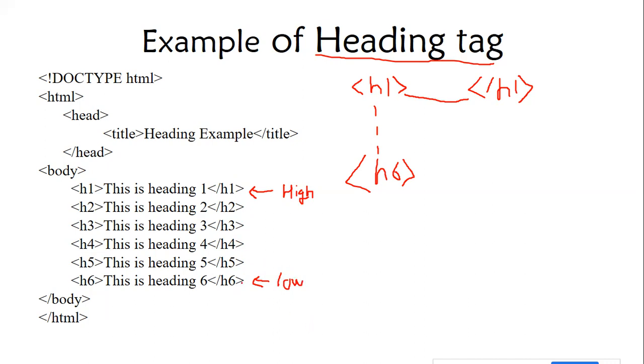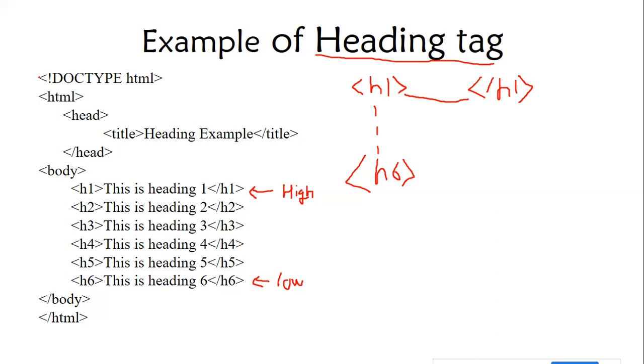So H1 is the largest heading tag and H6 is the smallest one. H1 is used for the most important heading and H6 for the least important heading. Let us see examples based on the heading tags.